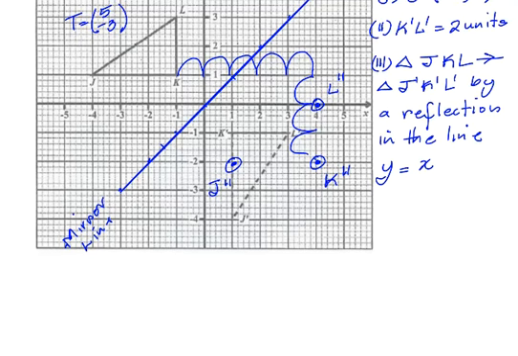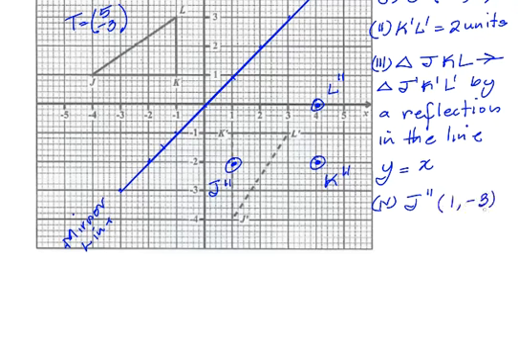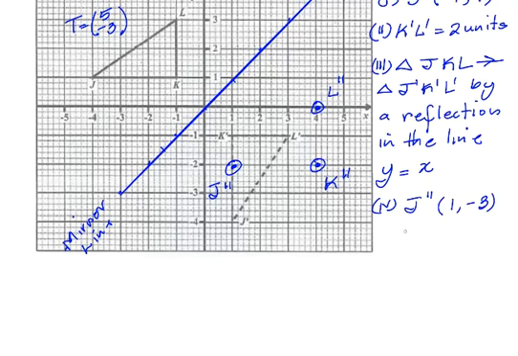All right, so from that now I could say that J double prime would be the point (1, -3), that K double prime would be the point (4, -3), and that L double prime would be the point (4, 0).